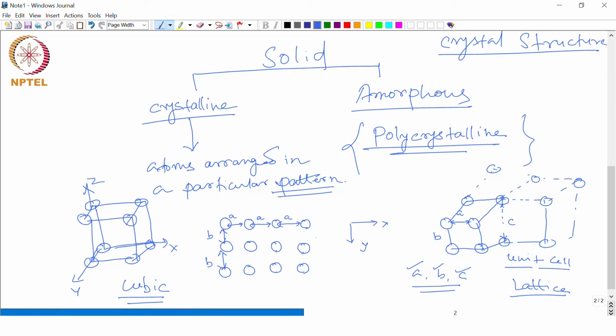So, just remember that we are going to come back to that as to how that is going to happen and what role the process parameters will have in that process of atomic sorting or atomic arrangement in order to form a crystalline solid. Okay. Now, the other category is the amorphous one.